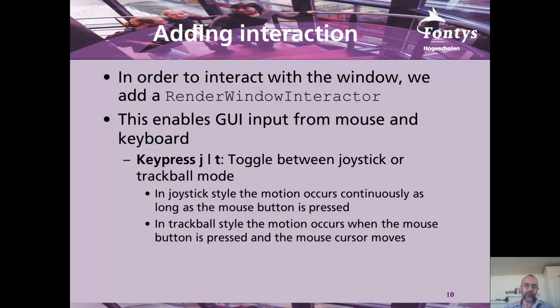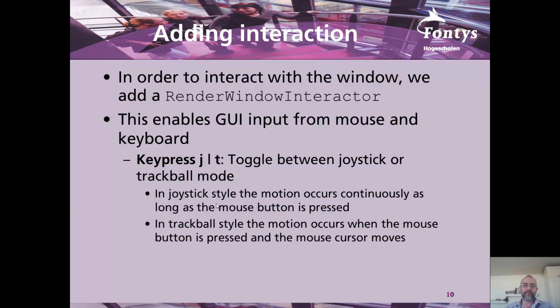This will call the render operation repeatedly, so it contains that while or for statement, but it also adds interaction possibilities. So it will enable you to interact with your window. And like here you can see it enables some key presses, J and T, to toggle between joystick and trackball mode. Just try them and you will see the difference.